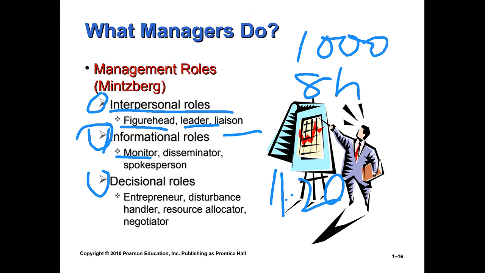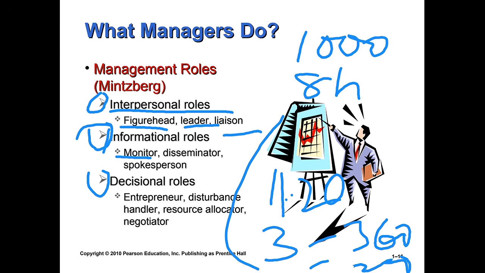So if we see that 3 hours have gone and they have not produced 360 units, rather they have produced 200 units, then there's an issue. The manager thinks that at the end of the day we will not be able to produce the desired number of units. So he has to monitor, and he has to disseminate information.